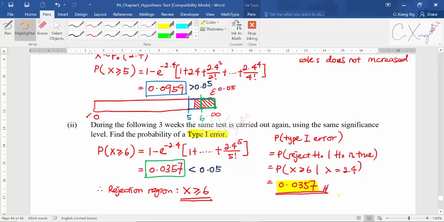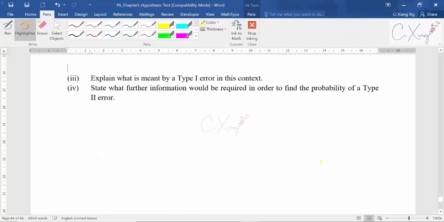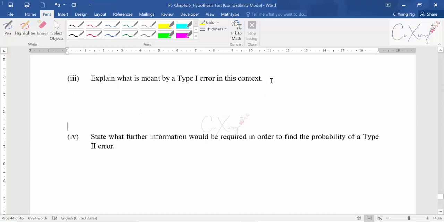Then next one, part 3. Again, they want you to explain what is meant by type 1 error in this context. You can still tell them type 1 error means reject the null hypothesis. So what is the conclusion when you reject the null hypothesis?